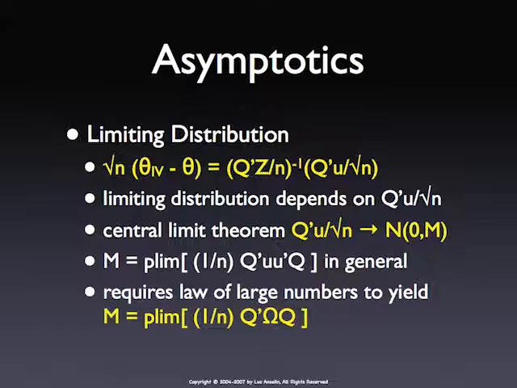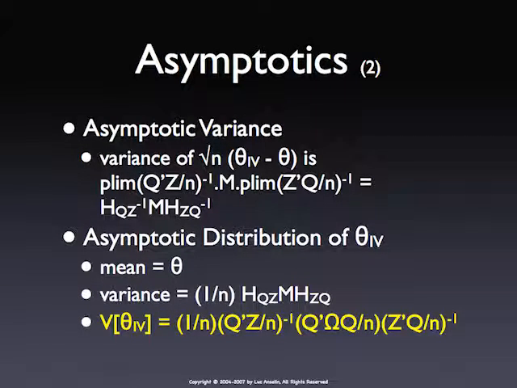In this case, A is this nice matrix here of Q prime Z. And this is where it gets a little complex in terms of notation. So if we know that the variance of Q prime U divided by the square root of n is m, then the variance of that pre-multiplied with Q prime Z is the A that I just mentioned, the variance of the random variable, and then the transpose. Or in the limit, replaced by their limiting expressions.